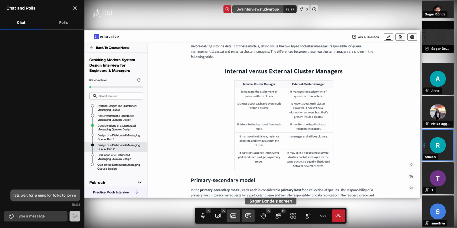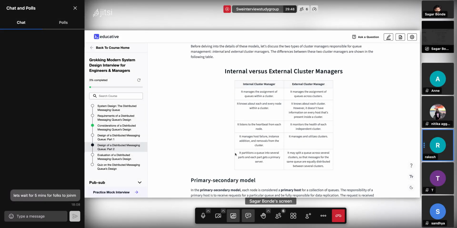In case of external, it monitors the health of each independent cluster. Yeah, this is logically correct. And it manages host failure, instance addition, and removal from the cluster. In case of external cluster manager, it manages and utilizes clusters.